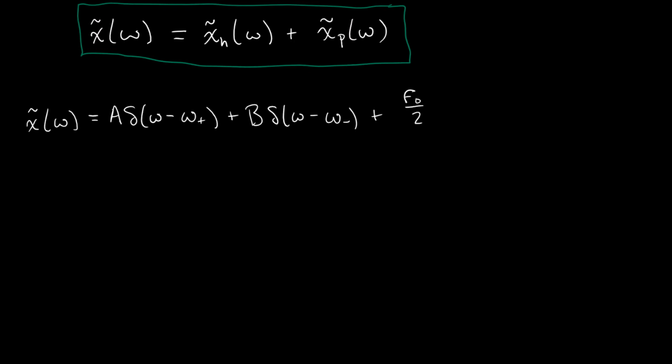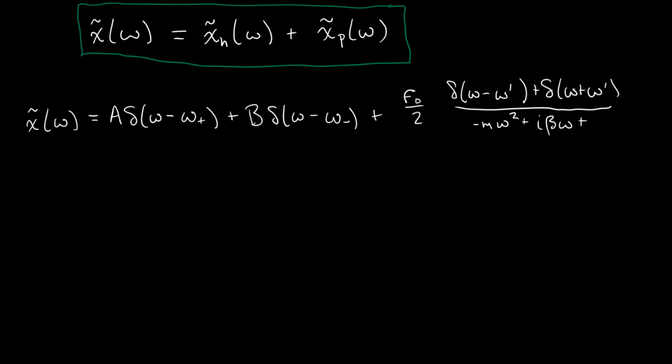This is my particular solution, which in this case we just write in terms of these delta functions, plus delta omega plus omega prime, divided by all of my stuff in the denominator, i beta omega plus k.